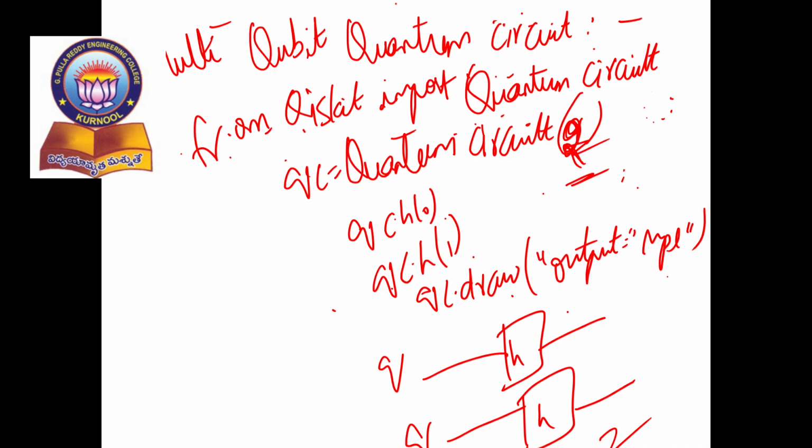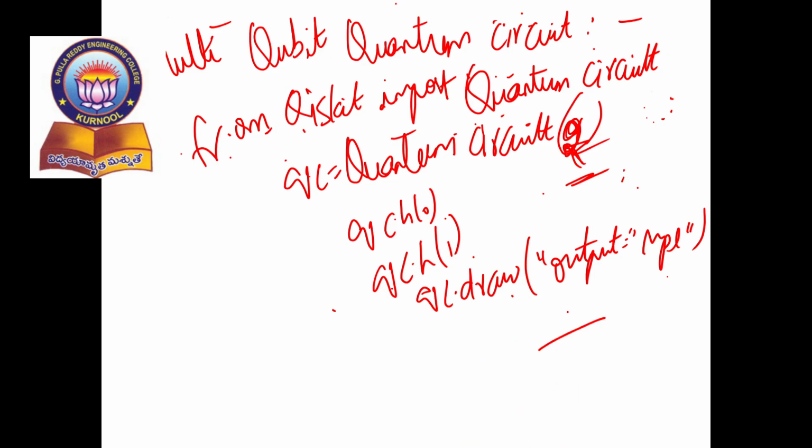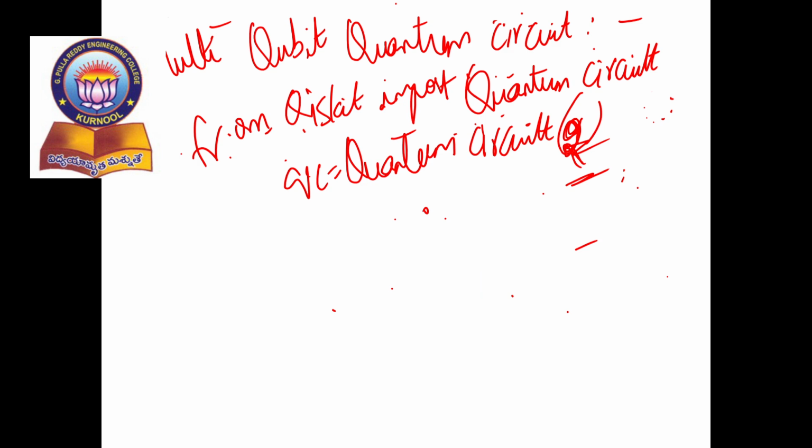We can also add the measurement concept here. At that time we have to include the measure function, and we have to include the parameters, QuantumCircuit 2, 2. So 2, 2 means one represents the classical bits and the other represents the quantum bits.